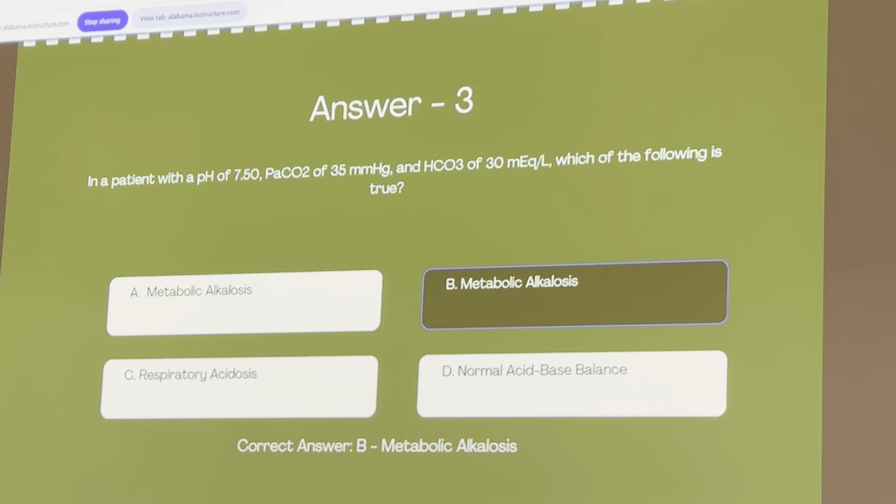Remember, metabolic is equal. All right, our pH is 7.5. That's abnormal, right? That's a little high. CO2 of 35. Is that within normal range? Yep, so I don't have to worry about that one. Bicarb of 30. That's too high too, right? So they're heading in the same direction. My pH and my bicarb are both high. So it's going to be our metabolic alkalosis.